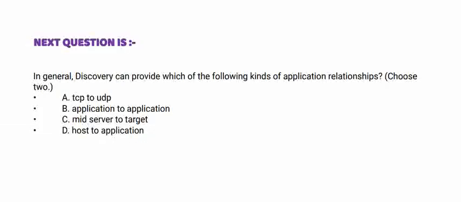Next question is, in general, discovery can provide which of the following kinds of application relationships? Choose two options. And the options are option A, TCP to UDP. Option B, application to application.